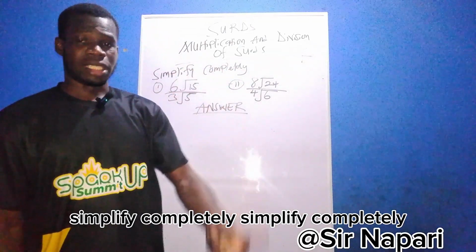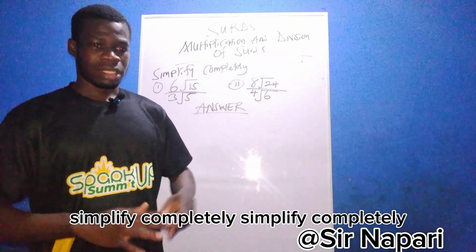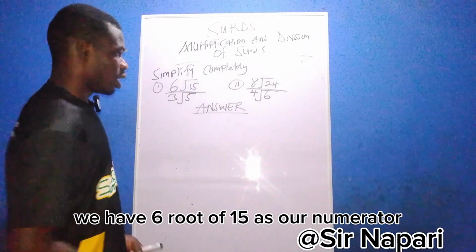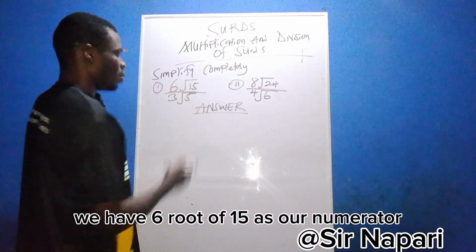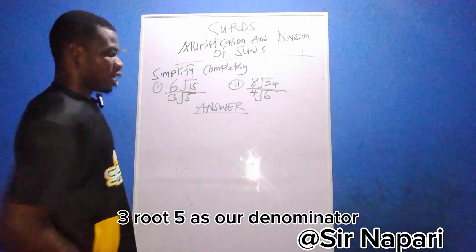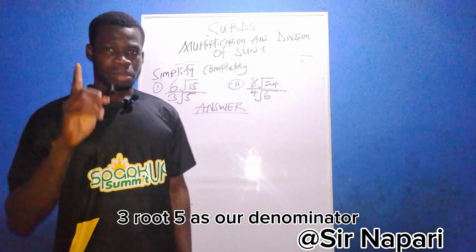Simplify completely. When you take a look at the first question, we have 6 root of 15 as our numerator, 3 root 5 as our denominator.